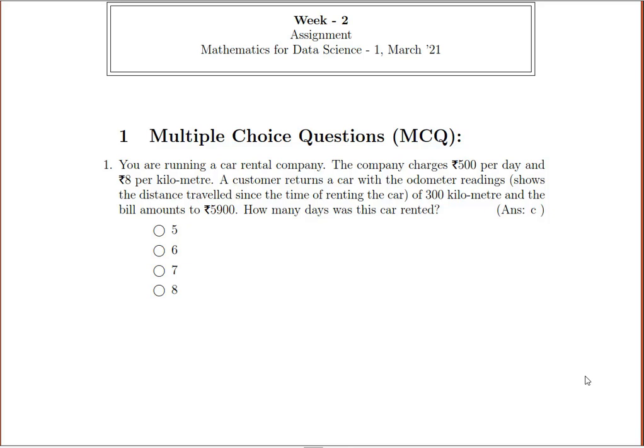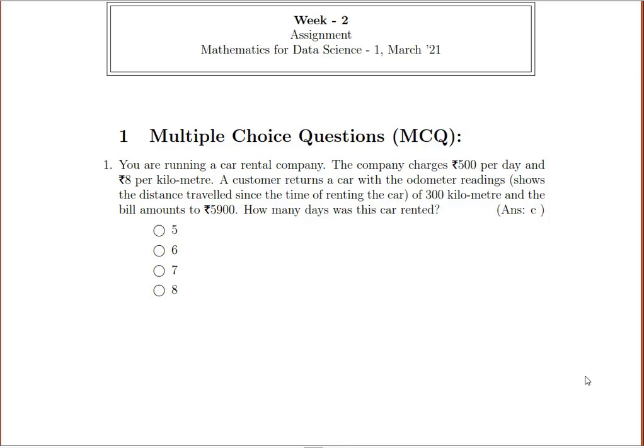So moving on to question 1, you are running a car rental company. The company charges rupees 500 per day and rupees 8 per kilometer. A customer returns a car with the odometer reading of 300 kilometers and the bill amounts to rupees 5900.